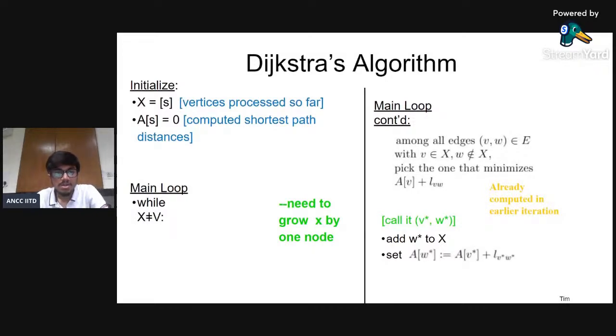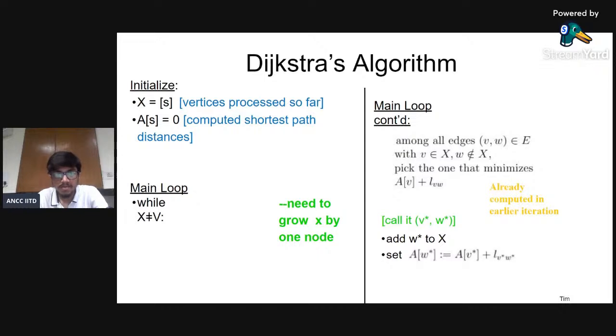Now what Dijkstra's algorithm says is to consider all the edges that cross this frontier, and choose the one for which this value is minimum: d of x plus the length of the edge.